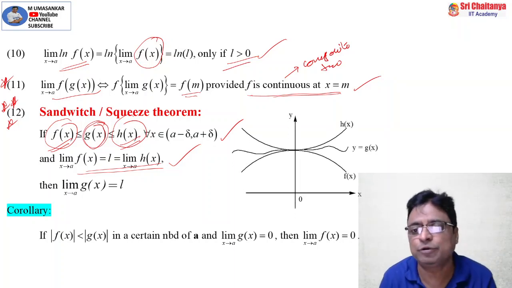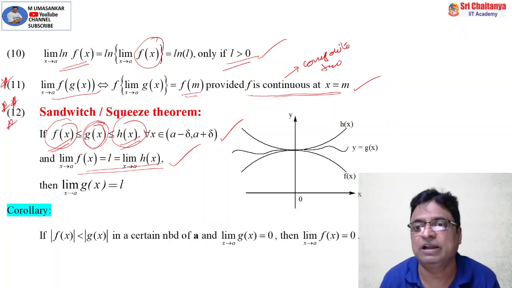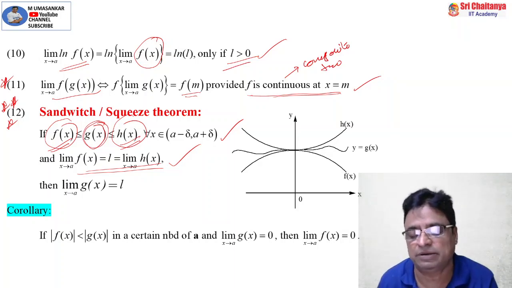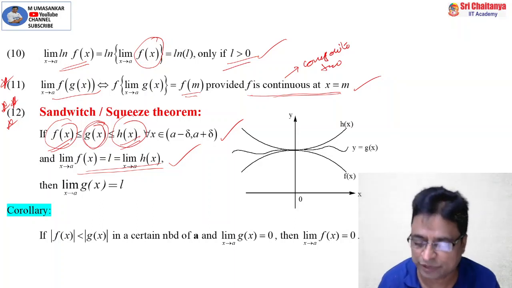Between any two bread slices, if you put some other stuff, while eating the two bread slices, automatically you can also eat the stuff in between them. The same concept we are applying here.